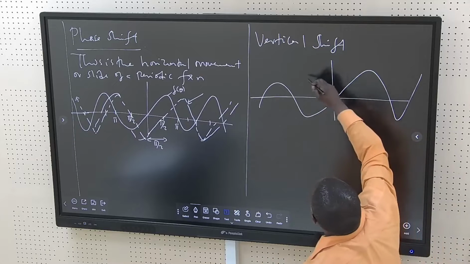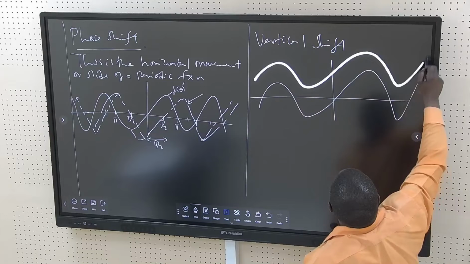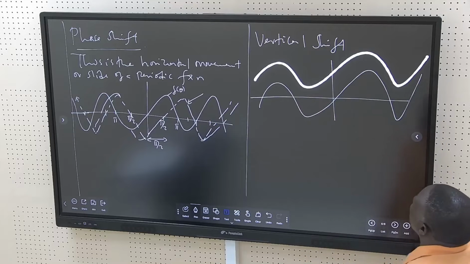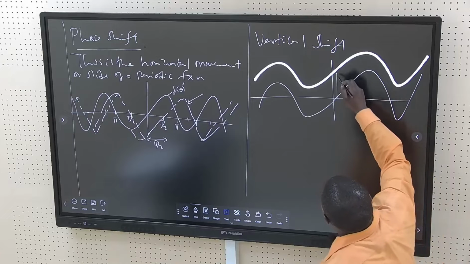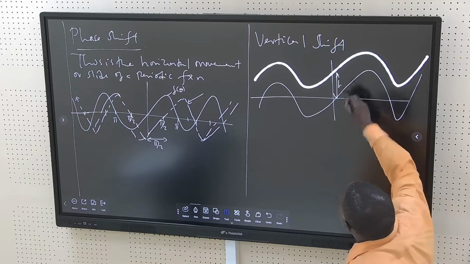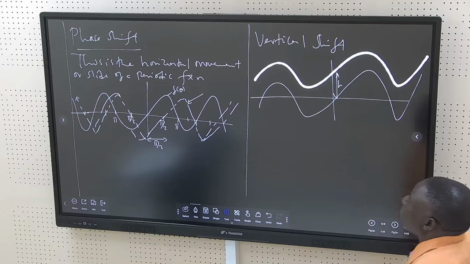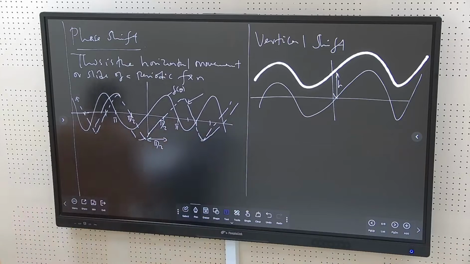So it can be like this. It has moved upward by a certain distance, say h. So we say this is a vertical shift. Shortly, these are a few terminologies used in periodic functions.